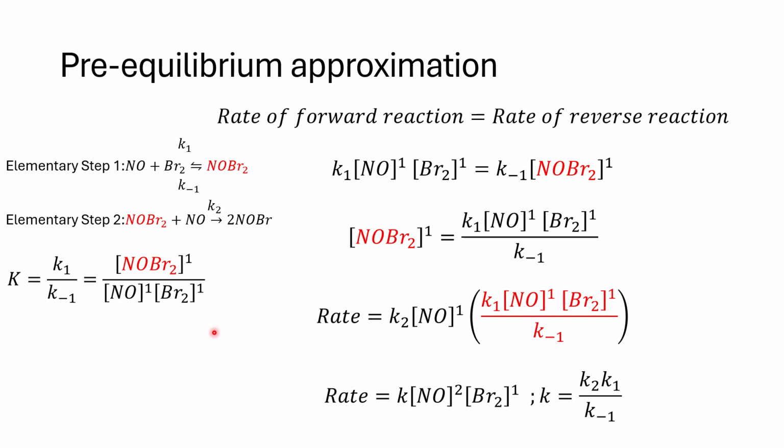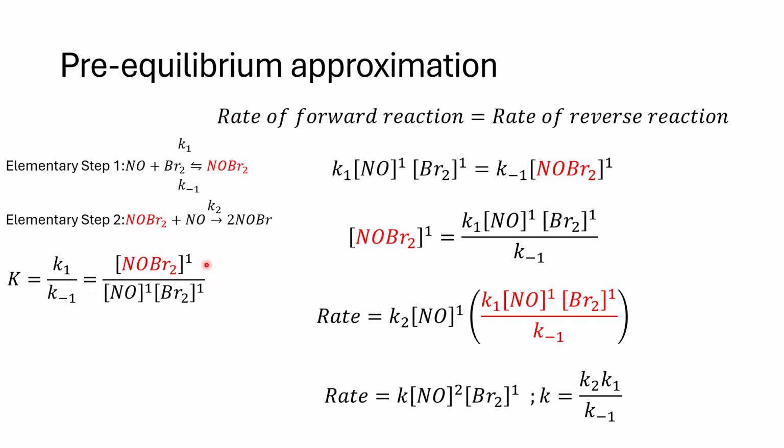So A forming the intermediate is always near equilibrium, while the intermediate going to the product is usually very slow. When we use the equilibrium relationship, the equilibrium constant K, capital letter K, is equal to the forward rate constant k1 divided by the reverse rate constant k-1.